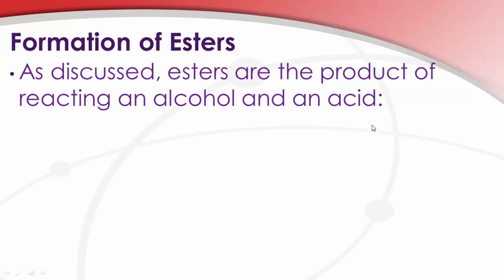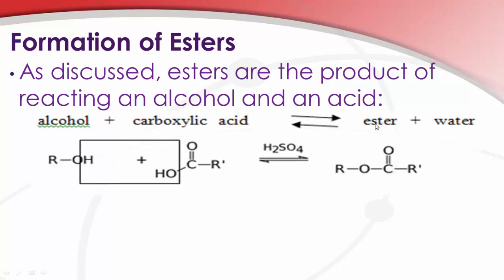Okay, we can also form esters. We already discussed how these are produced. We react an acid with an alcohol, and this reaction should look very familiar. It's not unlike our production of ethers.